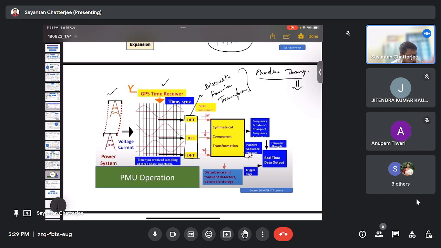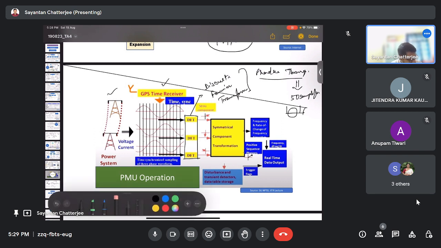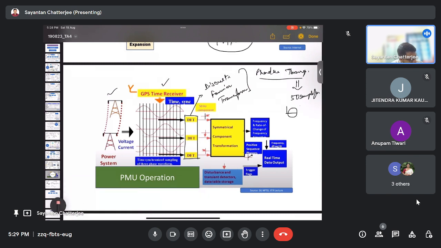Suppose we need to sample at 50 samples per second. Then between the first sampling time and the second sampling time, the entire phasor estimation needs to be performed and the output has to be provided. After that, when the data for the second sample arrives, it needs to estimate the second phasor, and this process continues.